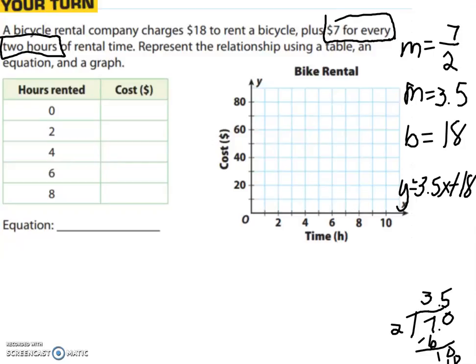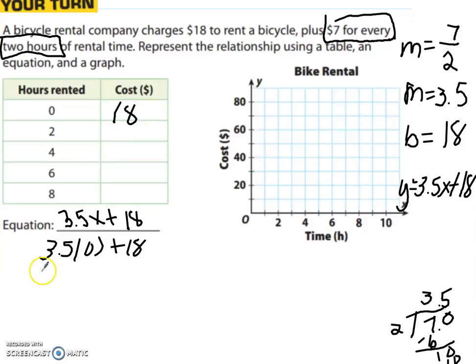So now we're going to plug and chug. In the equation you can rewrite it right here too: 3.5x plus 18. All right, so now on the bottom, 3.5 times 0 is 0. 0 plus 18 is 18. All right, then we have to do 3.5 times 2 plus 18. So 3.5 times 2 will get 7.